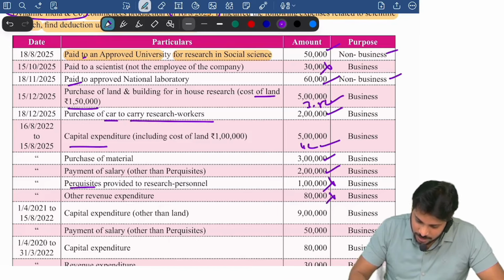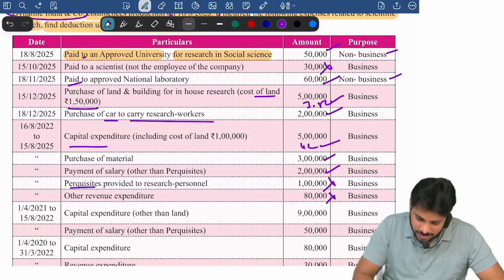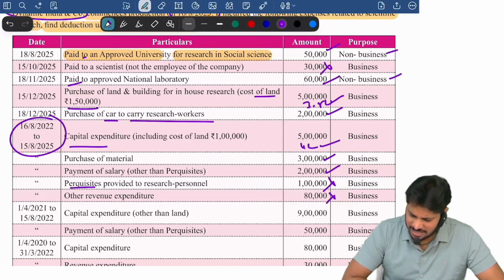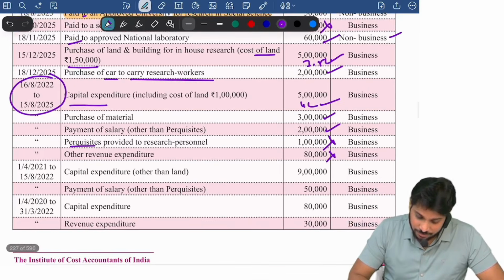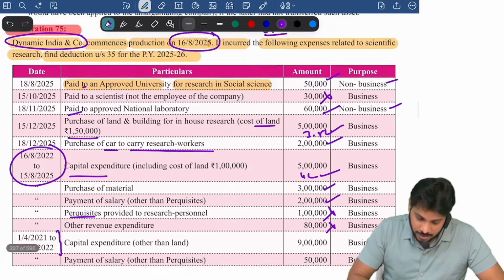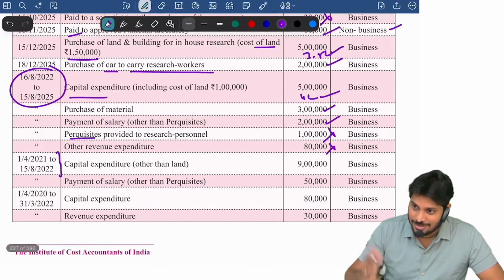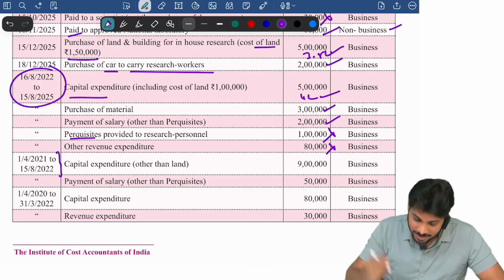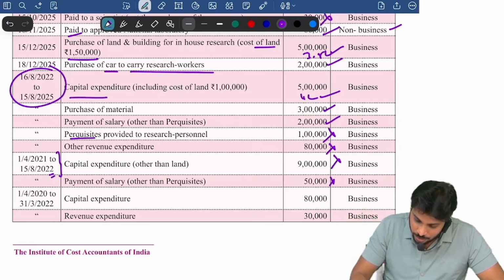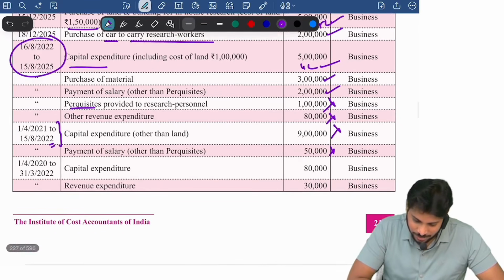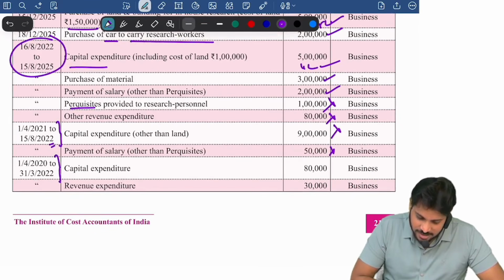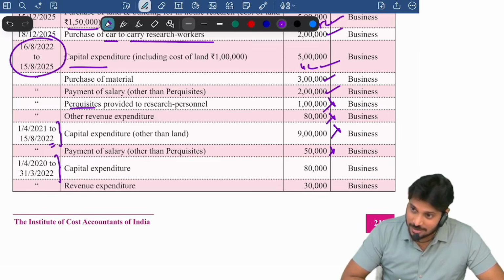Other revenue expenditure you won't get deduction because this is in the last 3 years period. Purchase of capital expenditure, this is prior to 3 years, no deduction. Capital expenditure also prior 3 years, no. Yes or no? Now again, this is within the 3 years, no, that is also prior to 3 years again.